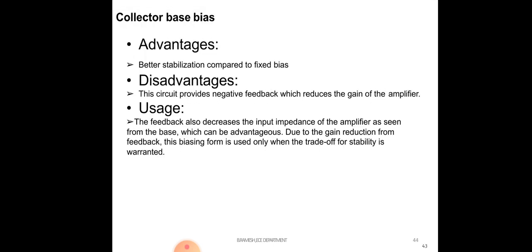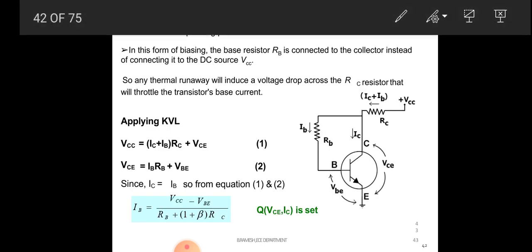So the stability factor is very high. Here the stability factor approaches 1, but we have to increase this RC resistor. When you increase the RC resistor, the entire bias voltage drops across the RC resistor only, so you cannot keep the transistor in the active region. That is the drawback in collector-to-base bias.